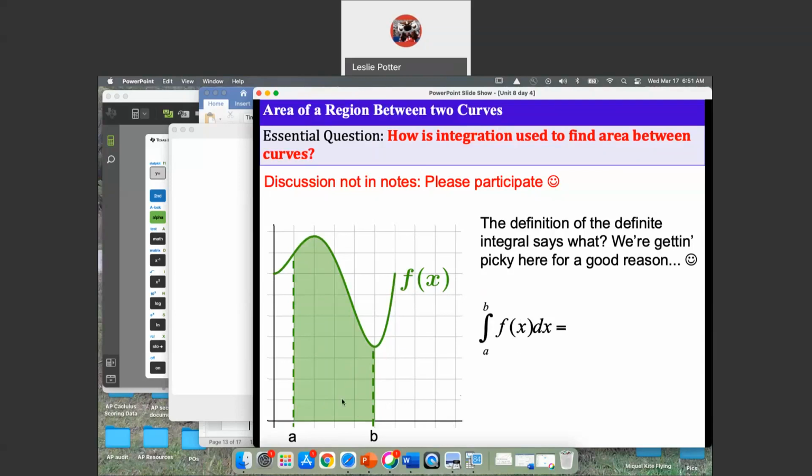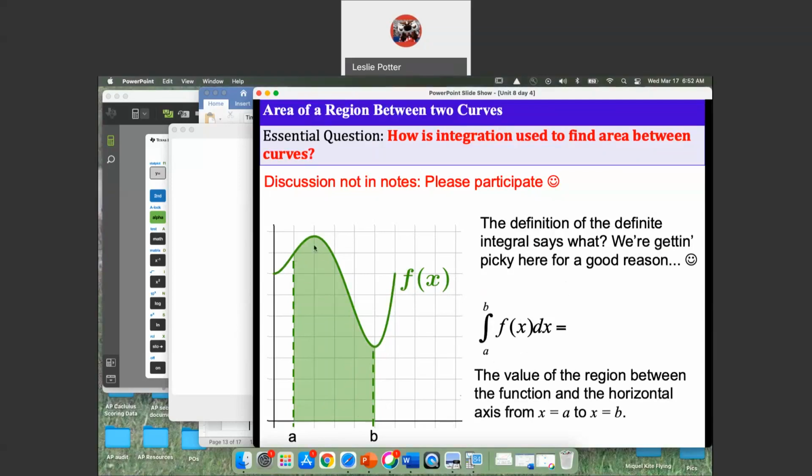And so we can call it the area under the curve, really loosely, but by definition, it's the area between the function and the horizontal axis in this domain. So the question is then, if we introduce a second curve, how can we find the area between those two curves and not have to worry about this whole horizontal axis thing?